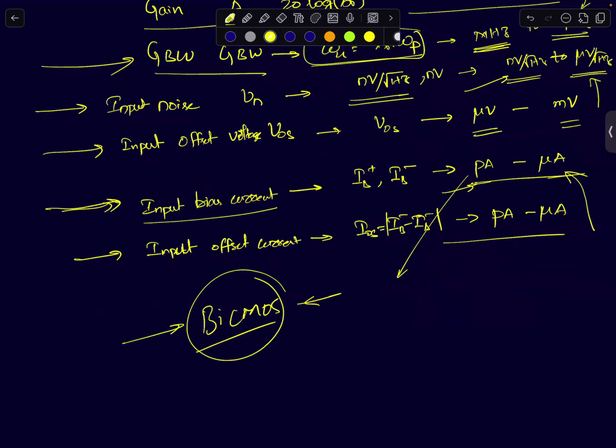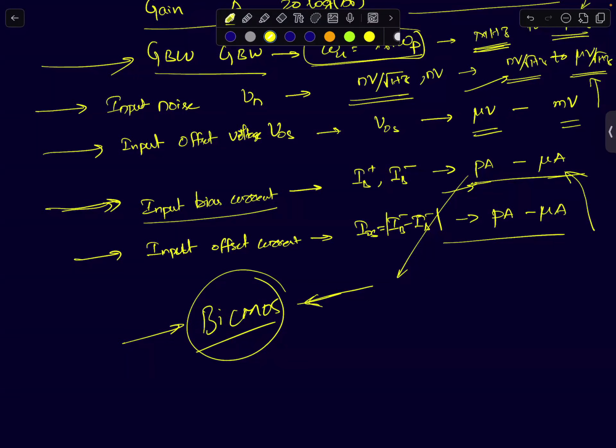So these are again a class of amplifiers, but you won't find them in such large numbers. They will be for very specific applications. Let's say in high performance applications you want very low bias currents, but you also want very high speed. Then you'll have to go for a BiCMOS solution. And there are dedicated teams in TI or ADI building such kinds of op-amps.